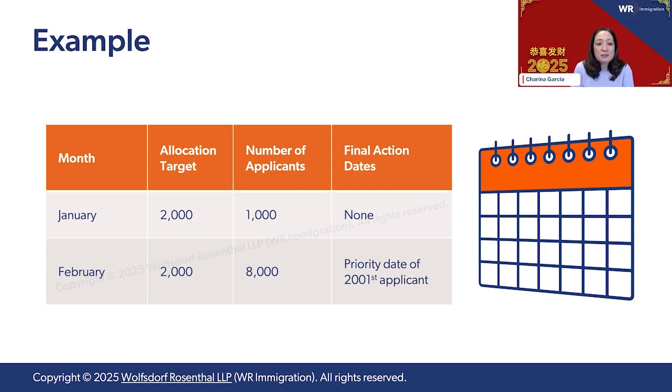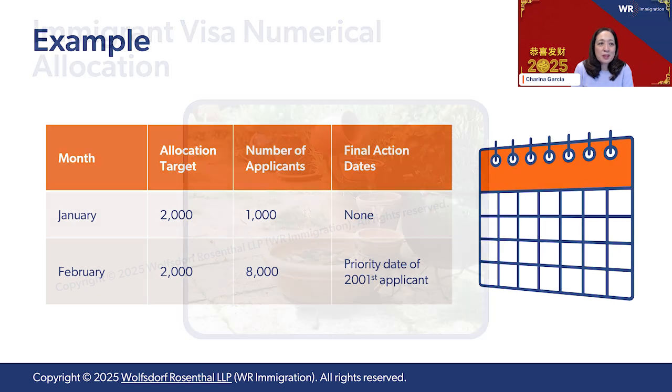But then in the second month in February, they had budgeted 2,000, but then they got 8,000 applicants. And so in that situation, they have too many applicants. And so they have to kind of freeze the date or roll it back. So that's how the backlog occurs, or retrogression. But you'll see examples of that in the real Visa Bulletin when we go through it.